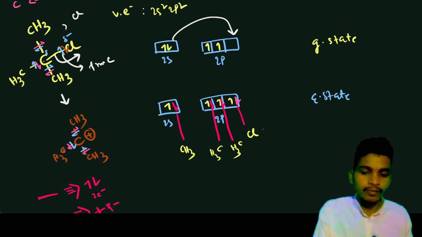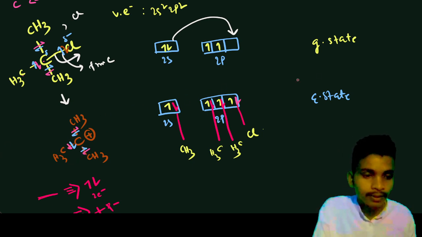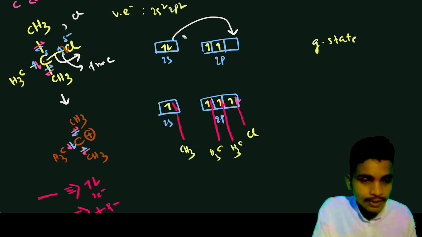Okay, so if I represent it here after chlorine leaves, then what will the orbitals be?